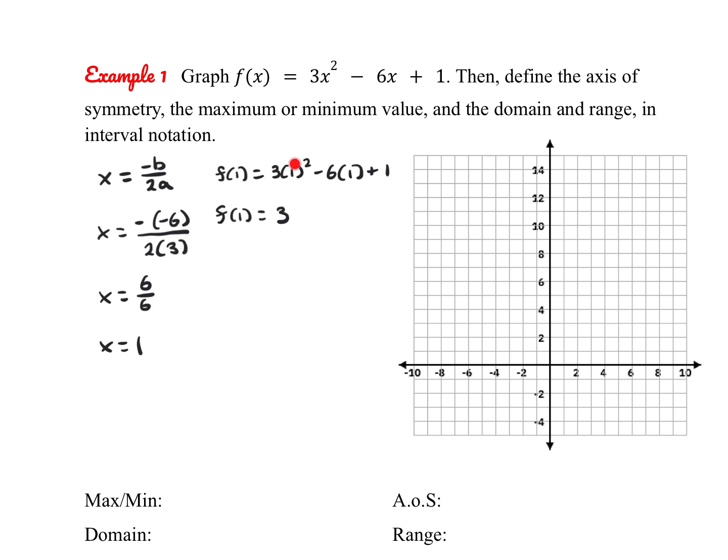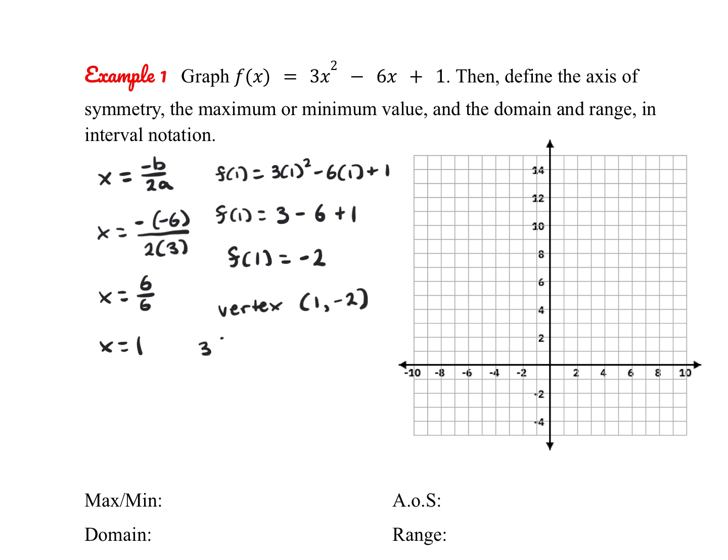We don't do 3 times 1 then square it. That would give us 9, which is a very different outcome. So we have to square this first and then multiply it by 3. 3 minus 6 plus 1, so f of 1 is -2. So our vertex is (1, -2).